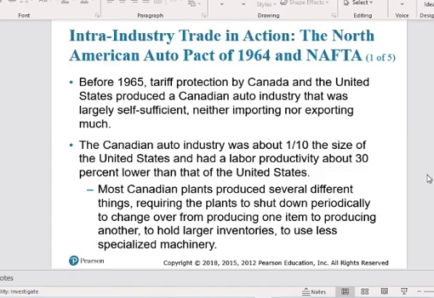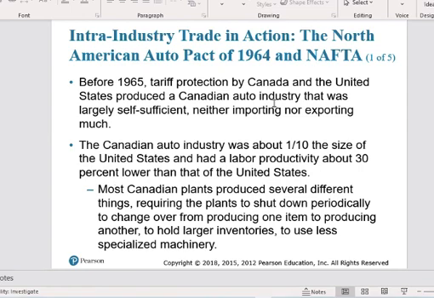And yeah, here is the example. We use the real story of the auto industry between the US and Canada. Before 1965, there was tariff protection. Countries like Canada and the US all protected their own industries, like the auto industry. So tariff protections by Canada and the US produced a Canadian auto industry that was largely self-sufficient.